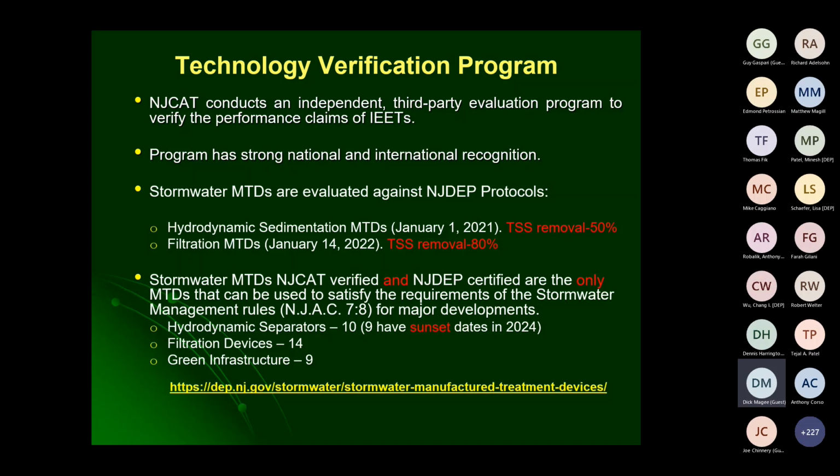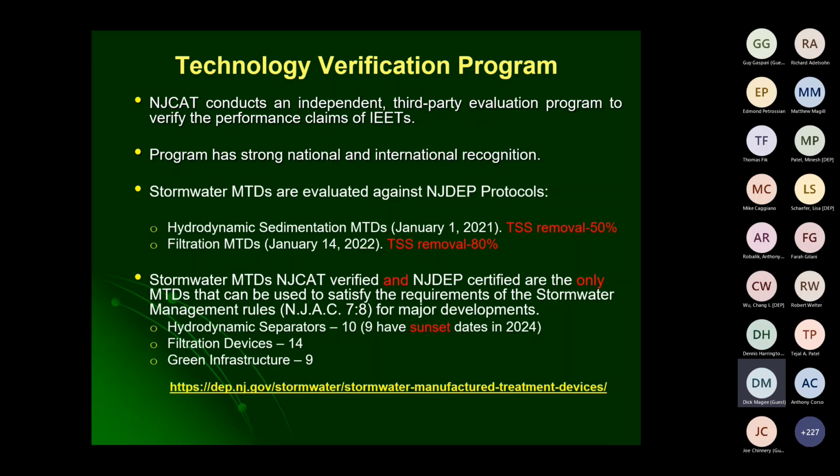But frankly, we found that the industry learned how to game those protocols and could, by building, for example, interior weirs in their devices and leaving a certain amount of sediment in the inlet pipe, enhance their performance.